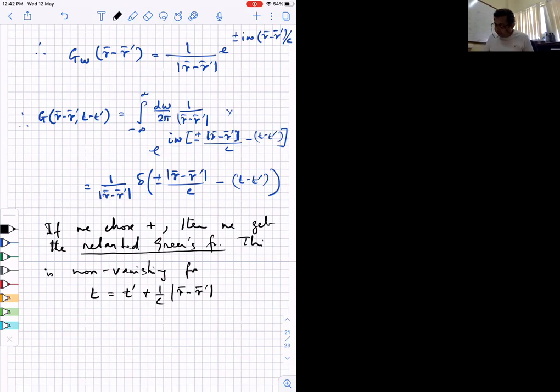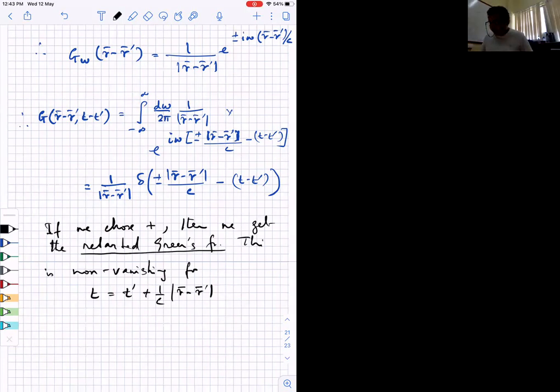Remember, prime is at the source and unprimed is where you want to feel it. So the time coordinate at the source is previous, and the time coordinate at the effect is later.